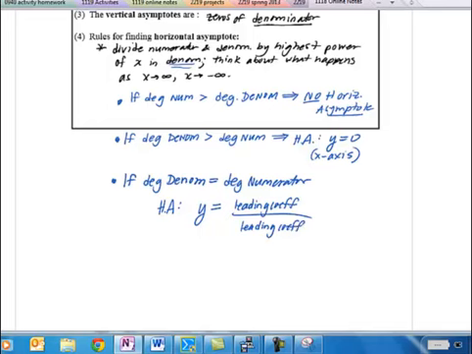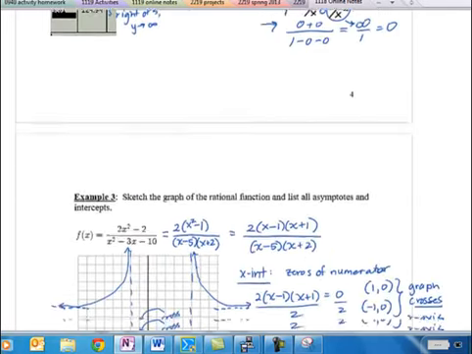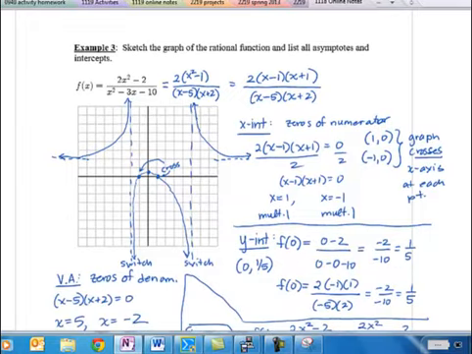Let's look and see that that's what happened in our two examples in which the degrees were the same. So in example 3, both of these were degree 2, and the leading coefficients were 2 and 1. So if we look at that ratio, 2 divided by 1, that's exactly what we found for our horizontal asymptote.